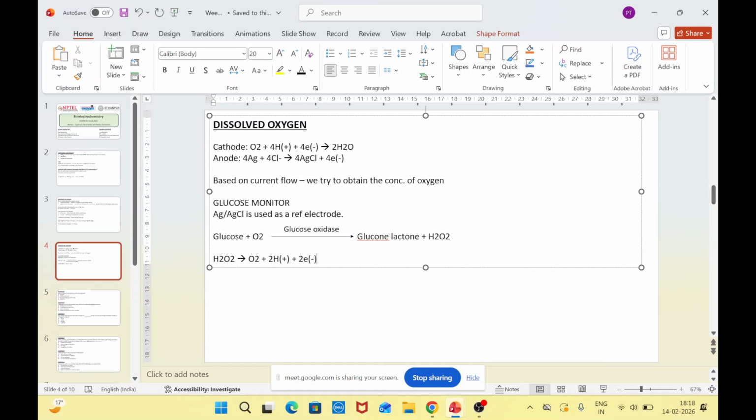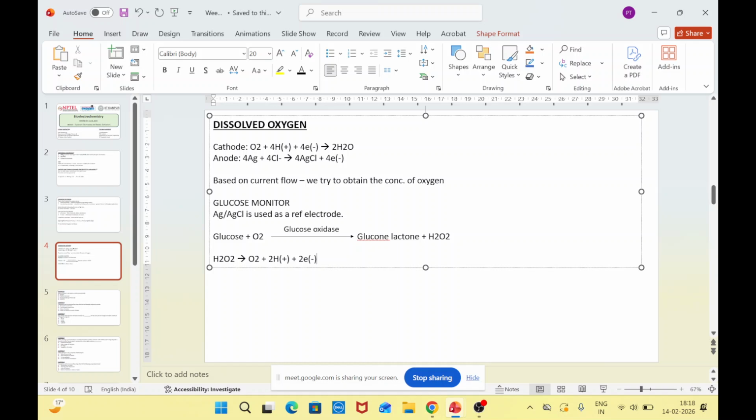Based on the flow of the current, we will be able to measure the concentration of the hydrogen peroxide in the system. By measuring the concentration of the hydrogen peroxide, we will be able to measure the concentration of the glucose. Again, one of the major problems of the glucose monitor is that the response typically depends on the oxygen concentration.